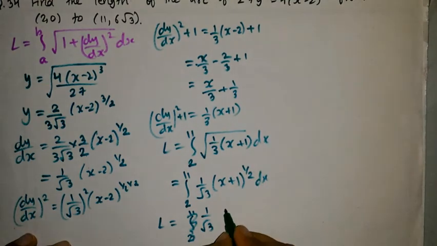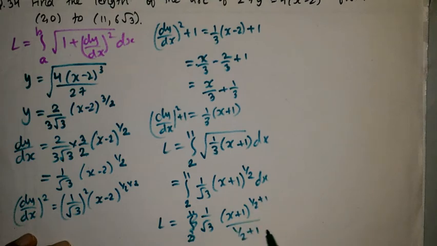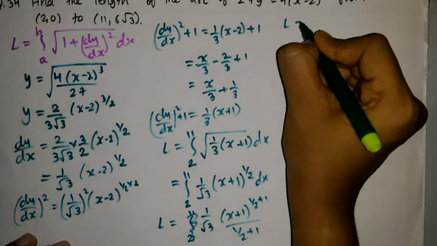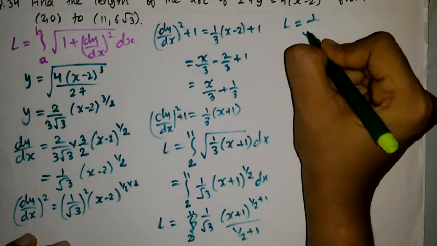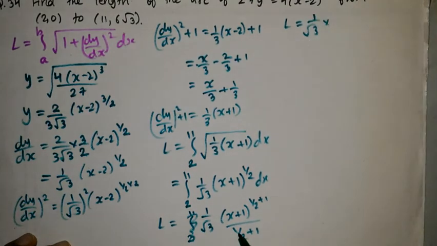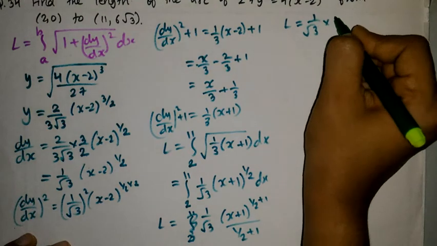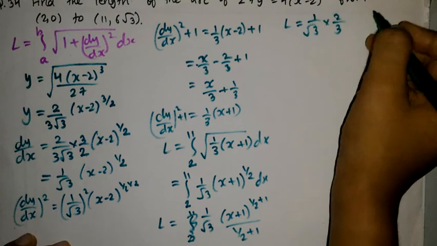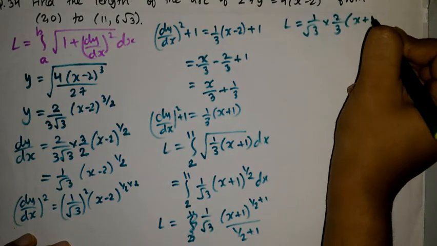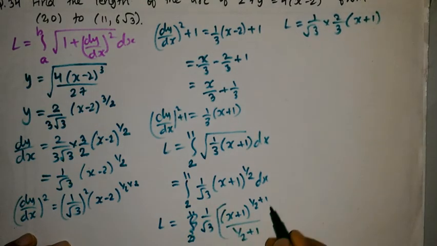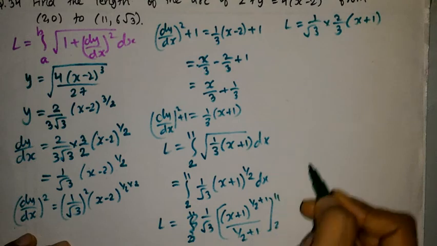Now integrate this term, so we will get (x plus 1) whole raised to 1 upon 2 plus 1. So L is equal to 1 upon root 3 into, 1 upon 2 plus 1 will be 3 by 2, so the 2 will come up and it is 2 upon 3. So it will be like this, (x plus 1) raised to 3 by 2, and limits are from 2 to 11.